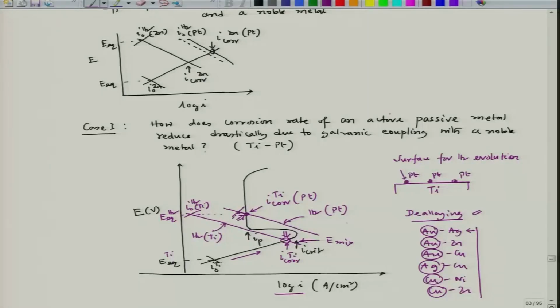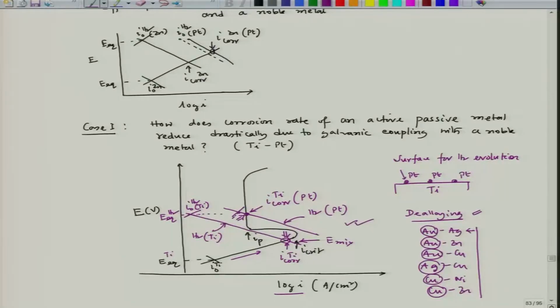So, the platinum would get deposited on the surface in the form of locally enriched platinum dots, and those will then provide surface for enhanced hydrogen evolution rate, and that would lead to a situation like what we see in this particular diagram, and the corrosion rate reduces drastically because of the hydrogen evolution rate on the noble metal surface. In case of an active passive metal like titanium, it takes the mixed potential to the passive zone.